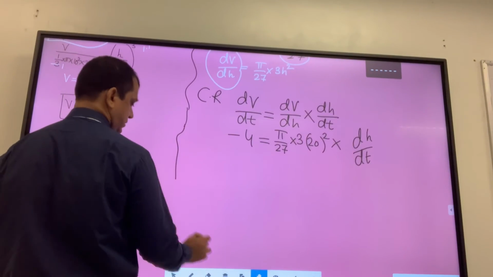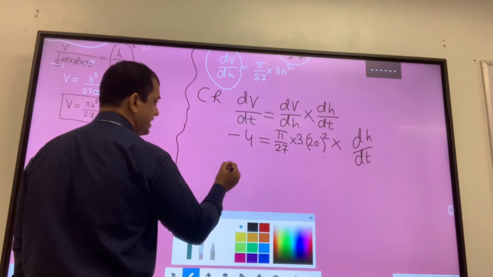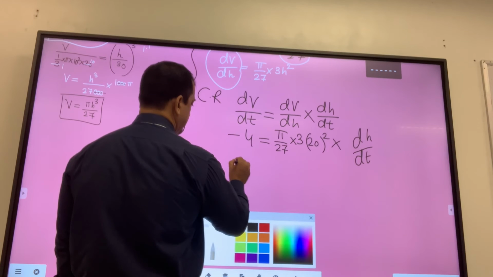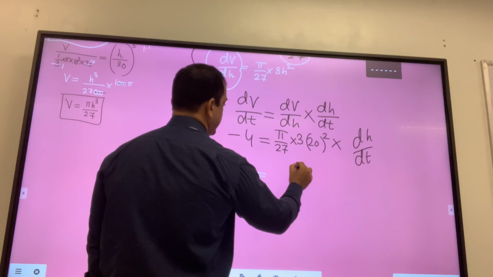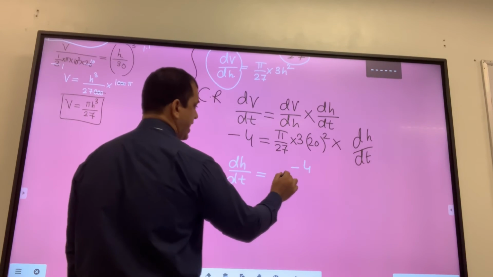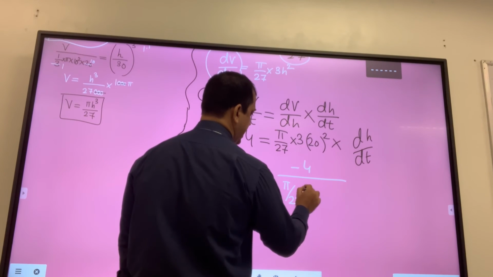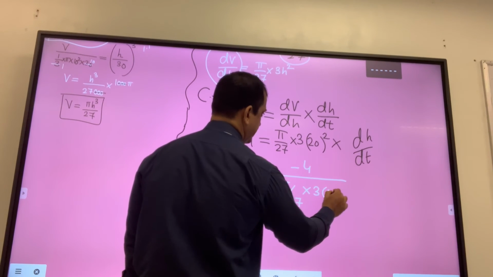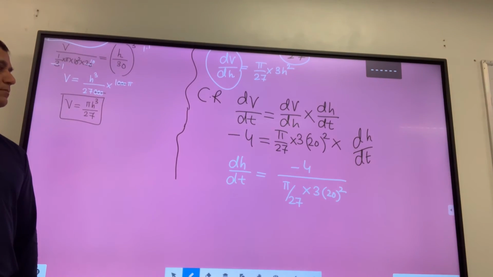Yes, students. So what should be dh dt now? In simple words, dh dt is nothing but -4 divided by this pi by 27 times 3 into 20 square, isn't it? Now you can use your calculator to give me an answer.